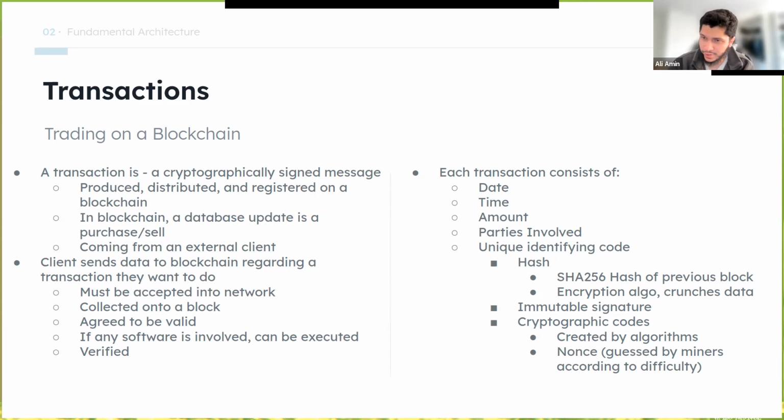The nodes have to agree that it's valid. If any software is involved, it has to be executed, and then it has to be verified. Accepted, collected, validated, executed, and verified. There's a very specific reason that I explained it in this fashion. So do you understand that?